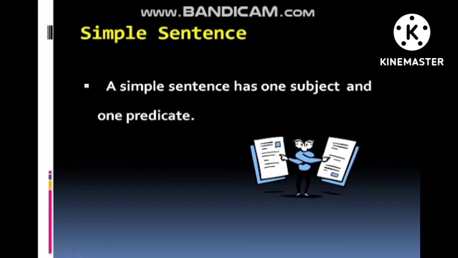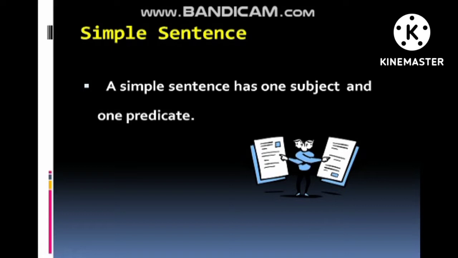This is one definition of a simple sentence. And another definition is that a simple sentence consists of one independent clause. So what is an independent clause? An independent clause contains a subject and verb. It means an independent clause has a subject and verb.